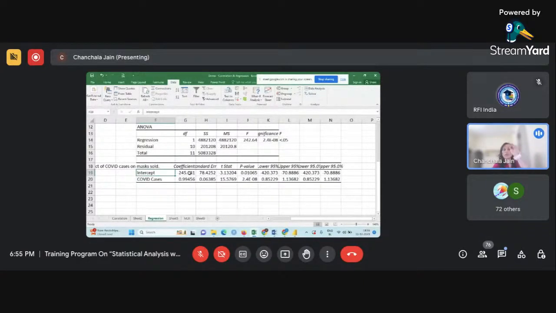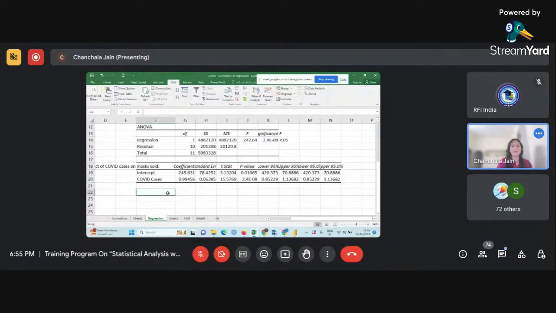Now you need to check whether these two figures are significant, whether they are contributing anything to your dependent variable. We can check that using the p-value of t. Both p-values are less than 0.05, so we can conclude that the intercept and the coefficient of COVID cases both are significantly contributing to your dependent variable, that is mask sold.